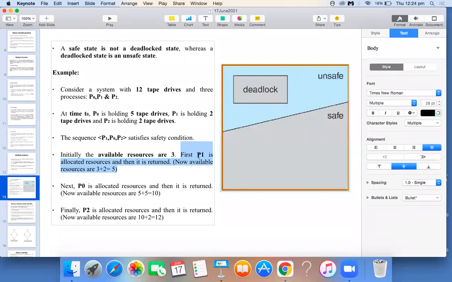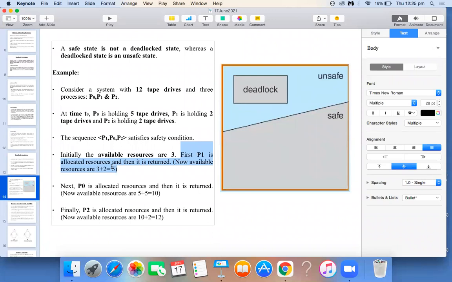Once P1 releases the 2 resources it is holding after execution, how many resources are available now? 3 is the old available resource, plus 2 is the new resources released by P1. So 3 plus 2 is 5. This is the new available resources in my system.